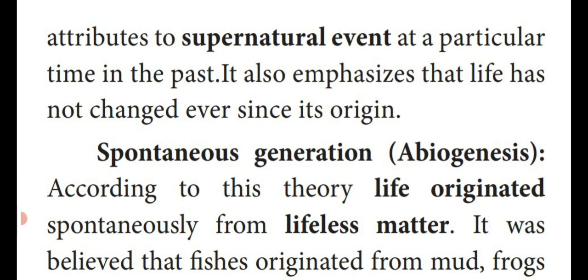This special creation theory also explains that life has not changed ever since its origin. That means the life produced on the earth in the past still has no change in life activity on the earth. That theory is known as special creation.